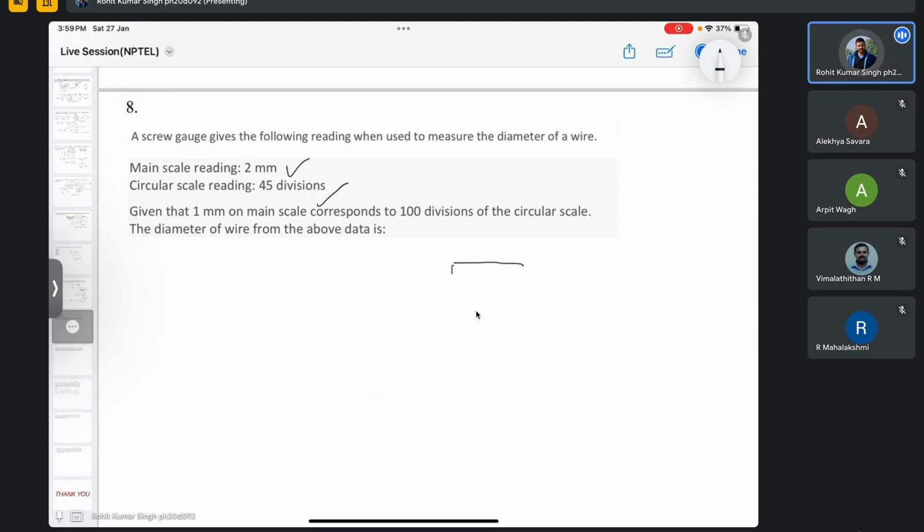The screw gauge is like this, and then you have a circular scale. What it says is, when you rotate 100 divisions on this circular scale, you move 1 mm on the main scale.